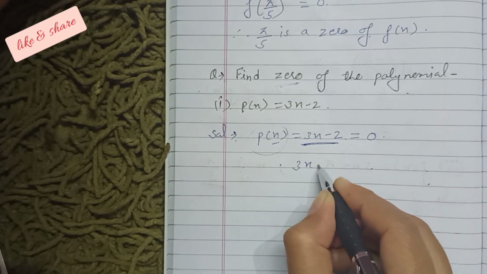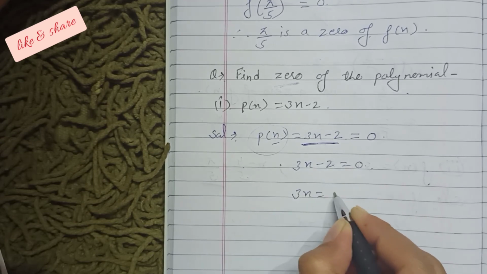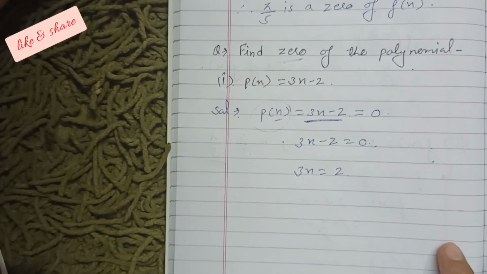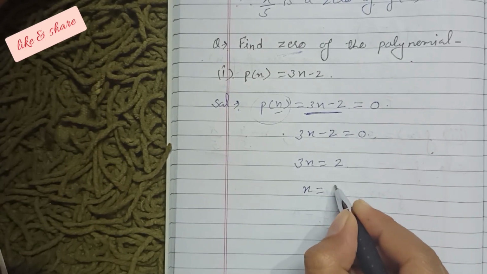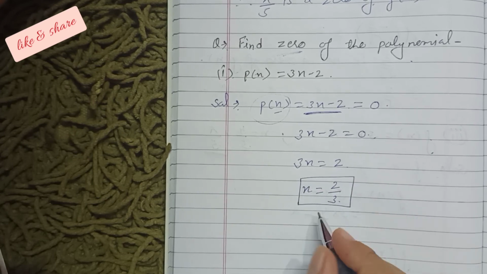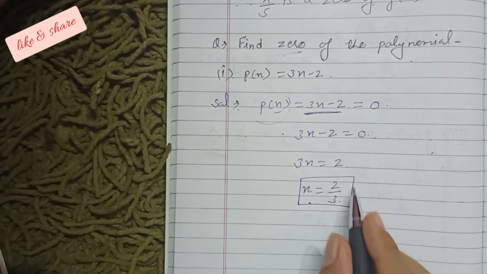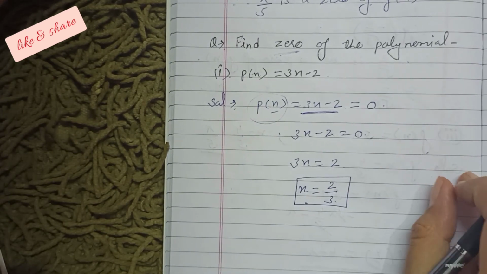So 3x minus 2 is equal to 0. 3x is equal to 2 if we shift minus 2 to the right hand side, and next x is equal to 2 by 3. So the value we got for x, 2 by 3, that is the zero of the given polynomial.